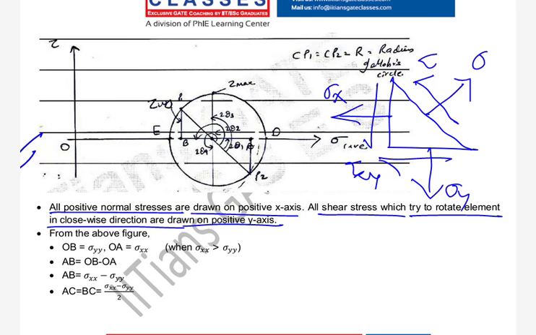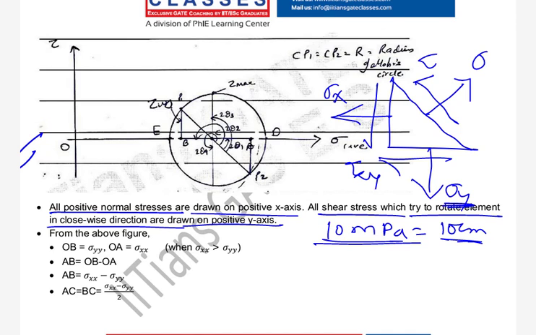Now when we draw the Mohr circle, we measure all these stresses on a scale. Suppose it is 10 megapascal, we can assume it is 10 centimeter, so 1 megapascal is 1 centimeter. Have you done this exercise in your BTech, drawing the Mohr circle using a compass and scale?